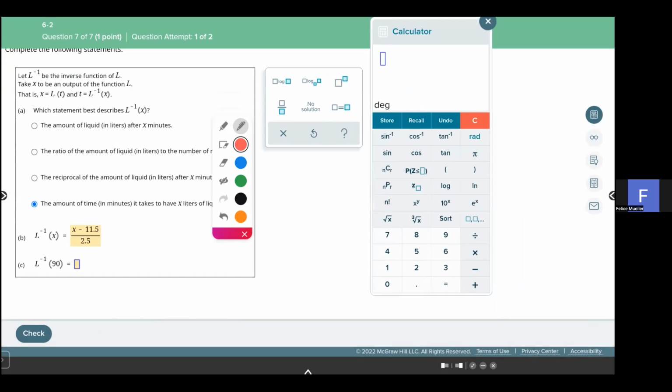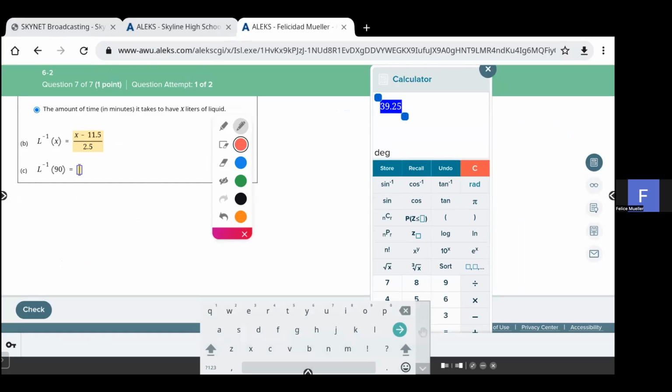So I'm going to do 90 minus 11.5 is equal. I get 78.5, and I'm going to divide that by 2. And I get 39.25. 39.25. I'm going to hit check.